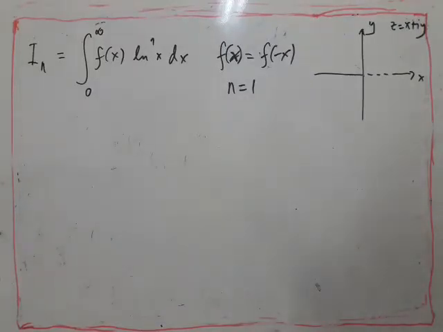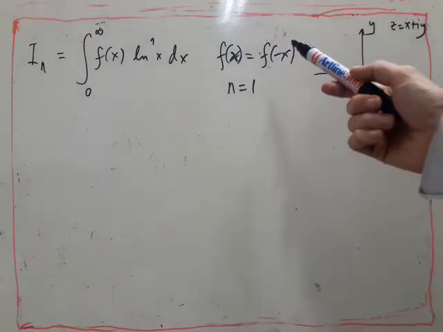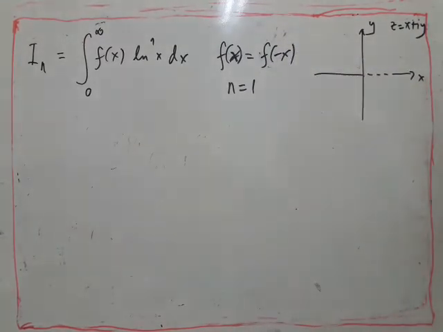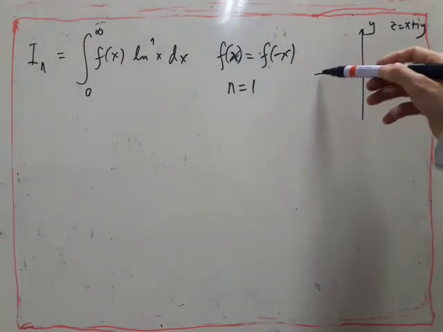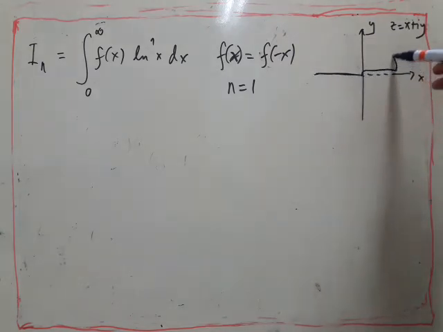So suppose we've got this integral and we wanted to look at the n equals 1 case, and f is even. Then we only need to use a semicircular contour.